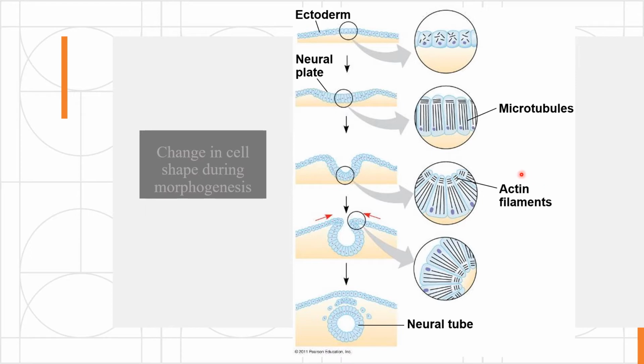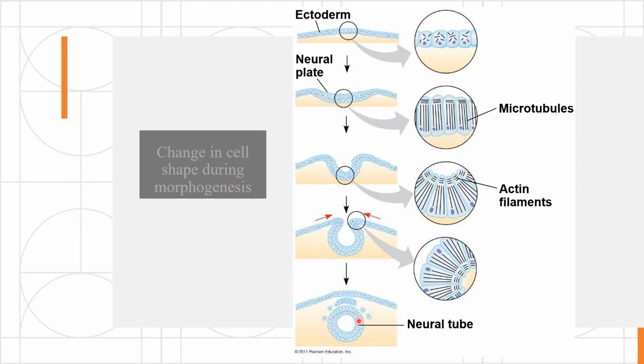Okay, so in here you will also see that the actin filaments are also having a certain direction to be able to support the different cells, and then eventually this part will already be closing, and then the neural tube will already be developed, and then the neural crest cells would eventually separate, okay, from the external part of the neural tube or the neural plate, and then eventually forming the neural tube.